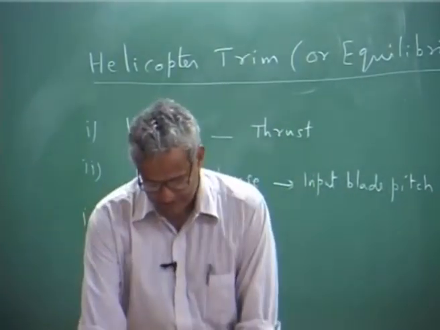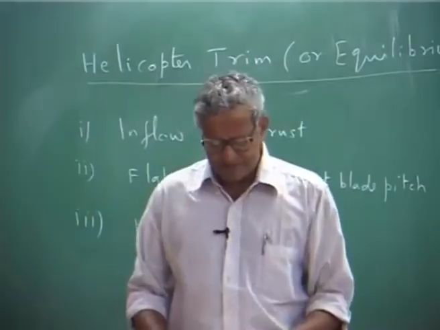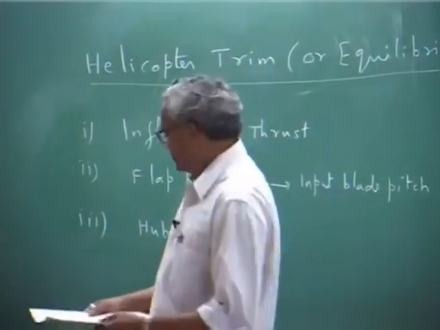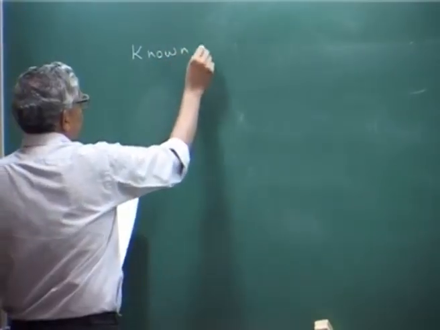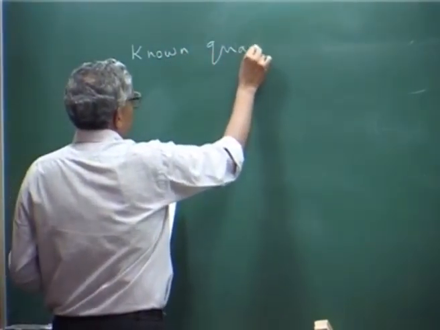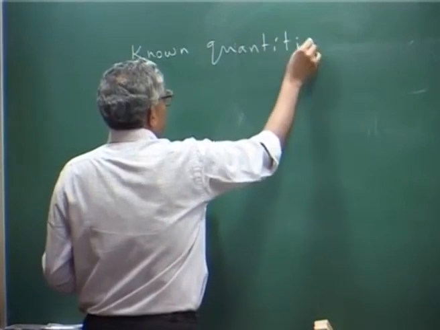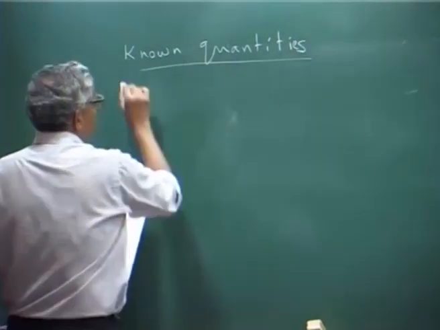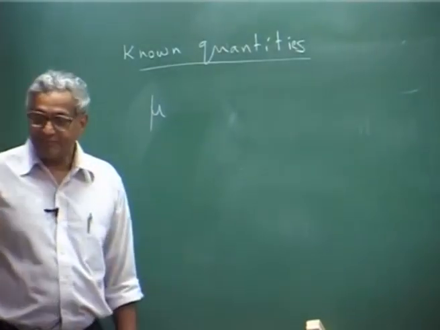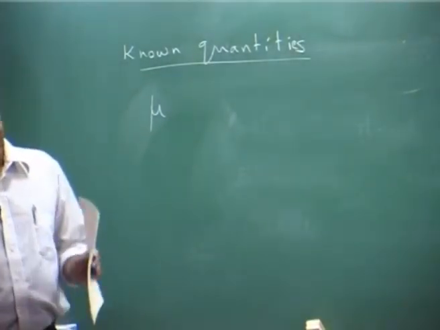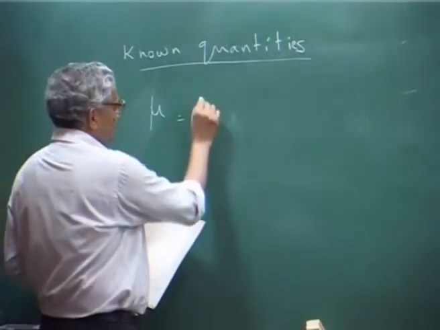Now, when we prescribe the flight condition, first we take the very simplest case. Simplest case is, I will put the known quantities. Your mu, which is the advance ratio, you say I know it.